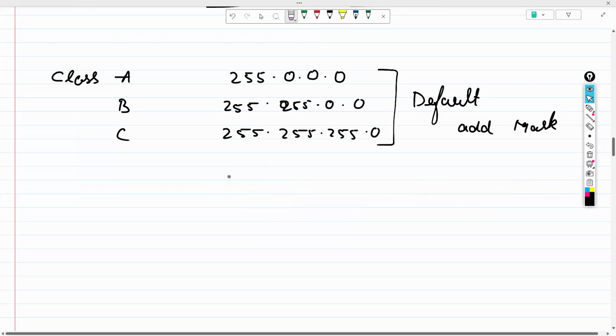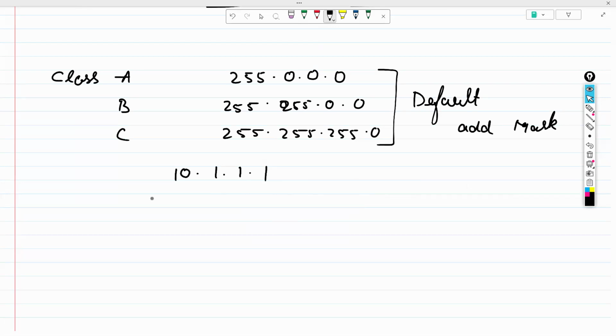So now when I write an IP address, as I said, 10.1.1.1 with an address mask of 255.0.0.0, what significance does it have? As a network engineer, we should immediately understand what this means.